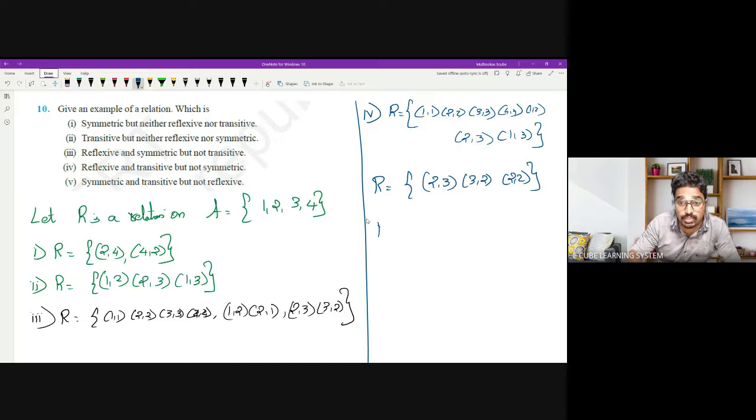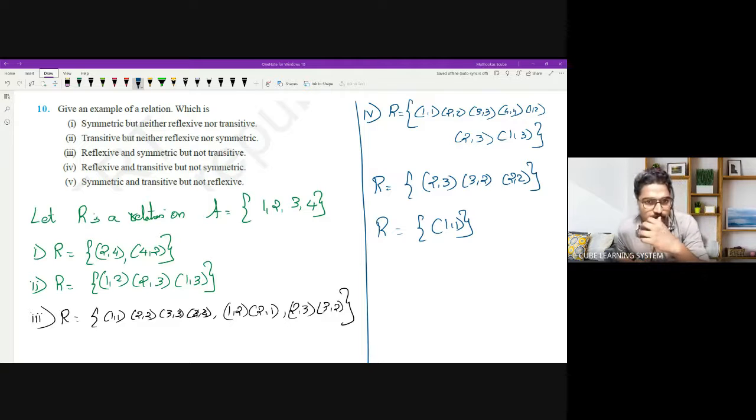Now, suppose I am writing 1 1. Is the given set reflexive? No, sir, because there is no 2 2, no 3 3, no 4 4.